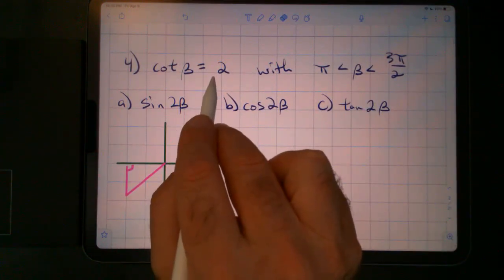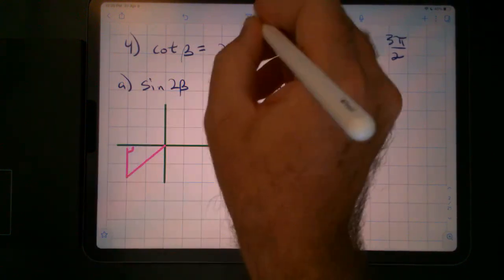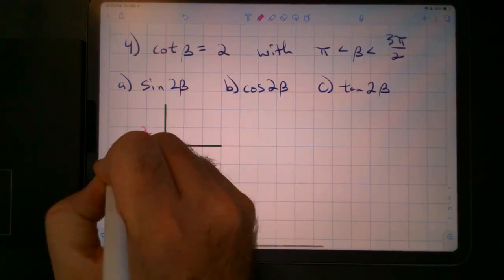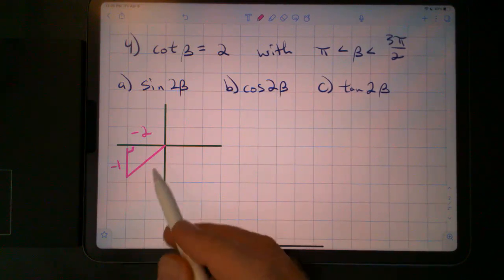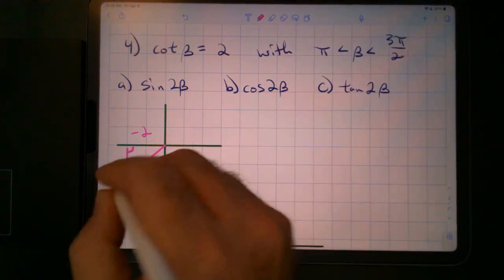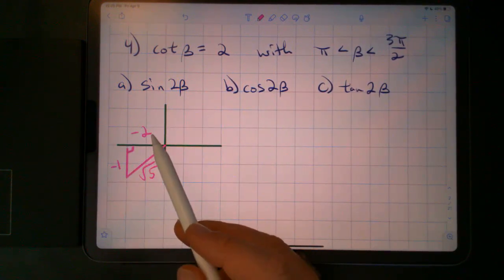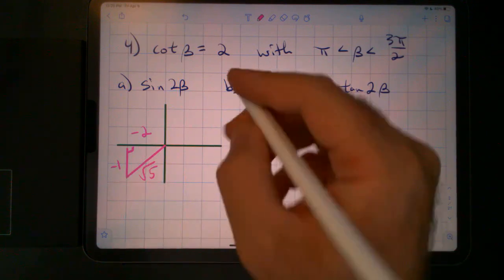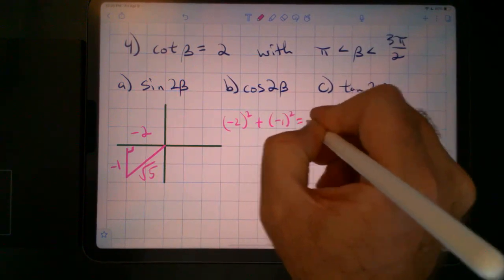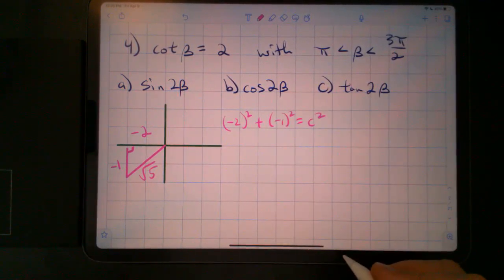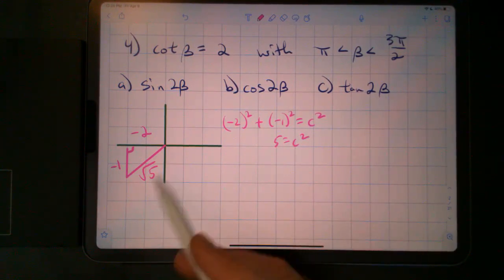If cotangent beta is 2, this is going to be your cosine over your sine. Find out what the hypotenuse is. Negative 2 squared plus negative 1 squared is equal to your hypotenuse squared. 4 plus 1 is 5. So 5 is c squared, so the hypotenuse is radical 5.